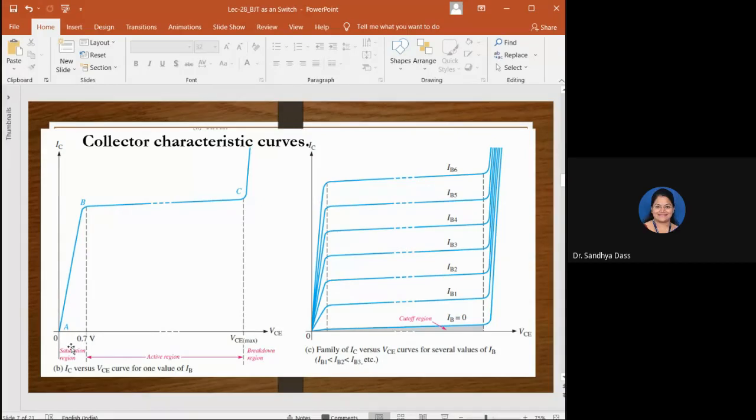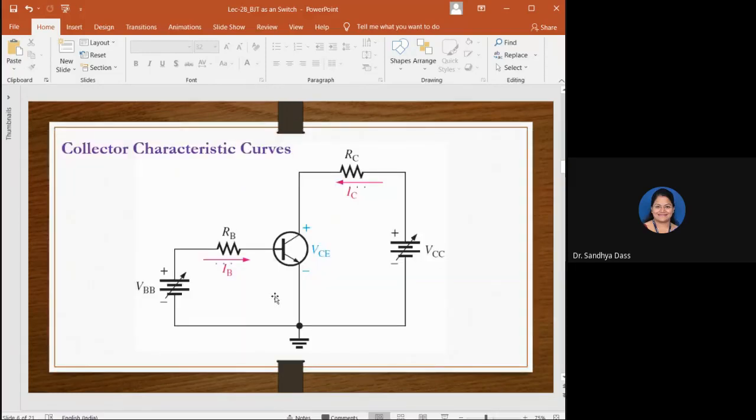When the emitter base junction and the collector base junction both are forward biased, as VCE is varied, the collector current also will increase in accordance with VCE. Initially you adjust VB in such a way that you have one value of IB.